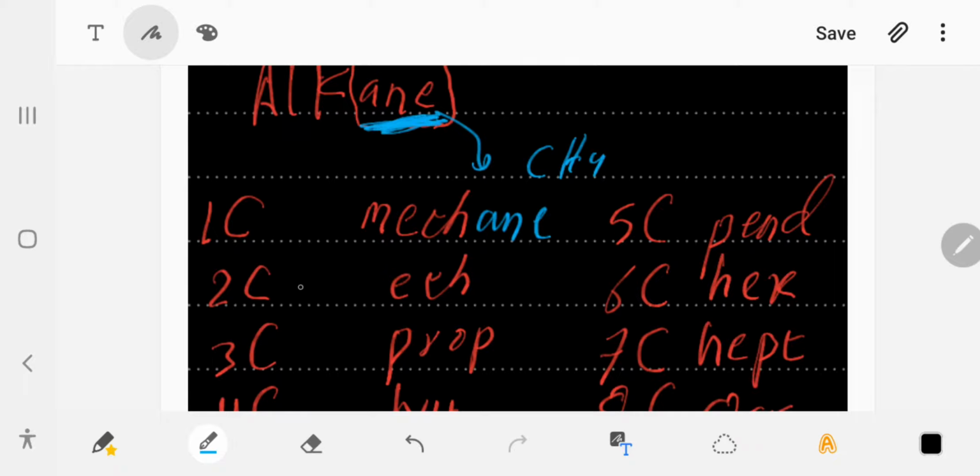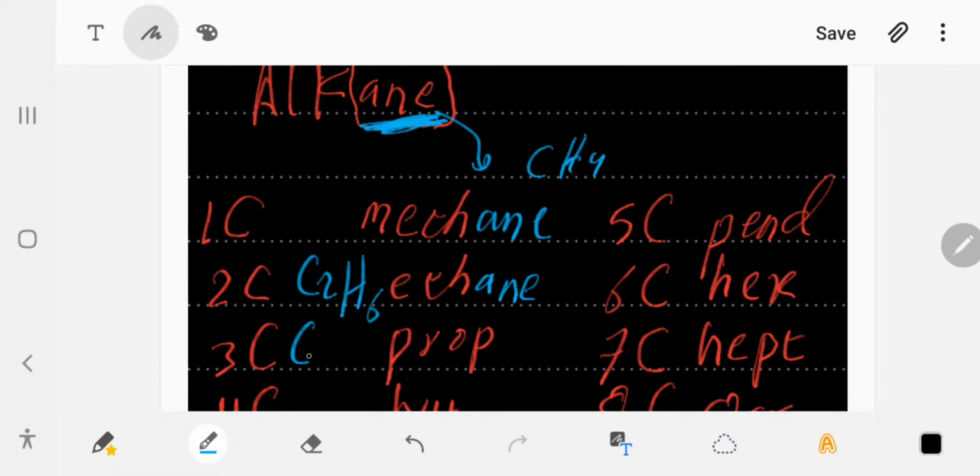If we have two carbon atoms, it will be C2H, and remember that H here is 2n plus 2, so 2 times 2 is 4 plus 2 is 6, so C2H6. It will be eth, and we will add ane, so it will be ethane.